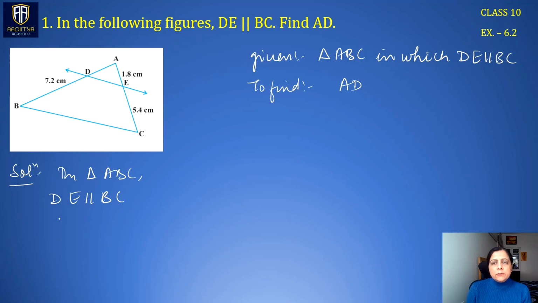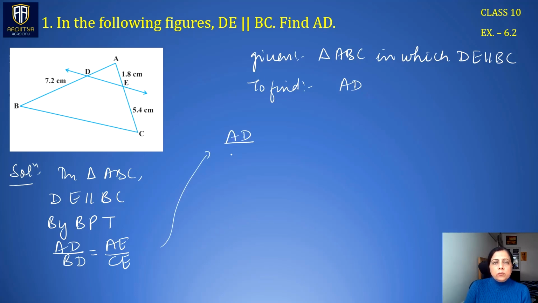It is given. Then by BPT, if one line is drawn parallel to one side of a triangle, it divides the opposite sides in the same ratio. So I am writing that ratio: AD, which we have to find, over BD, equals AE upon CE.